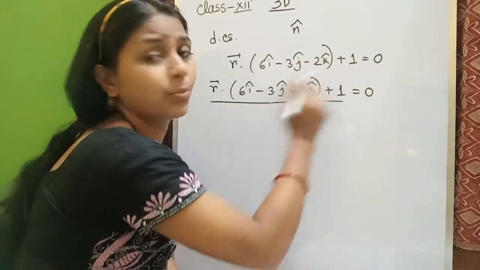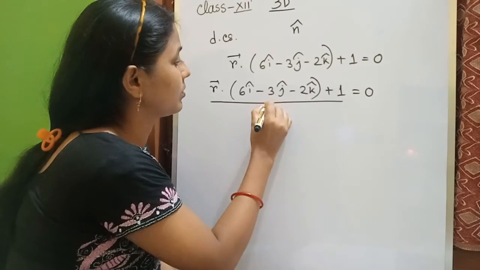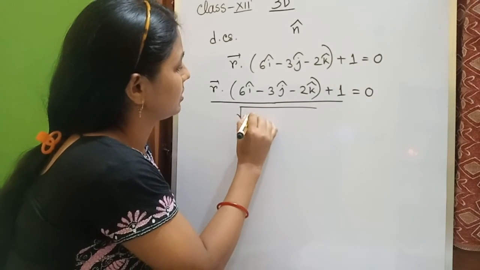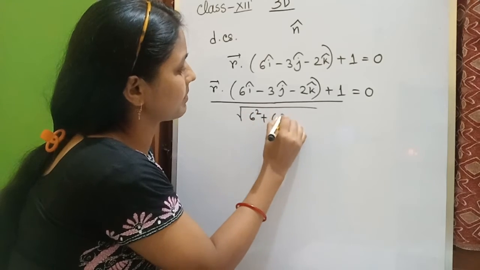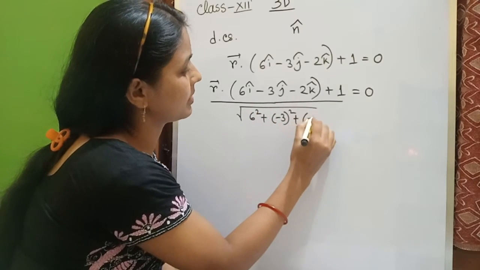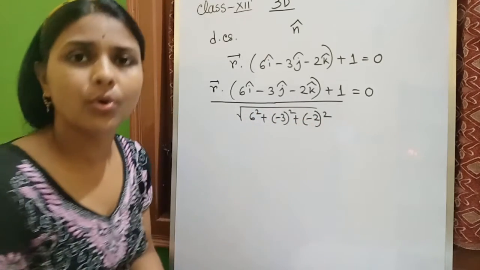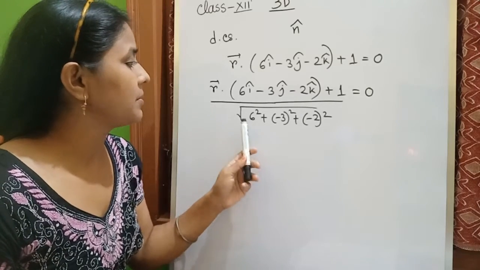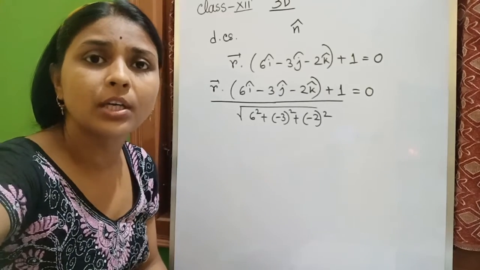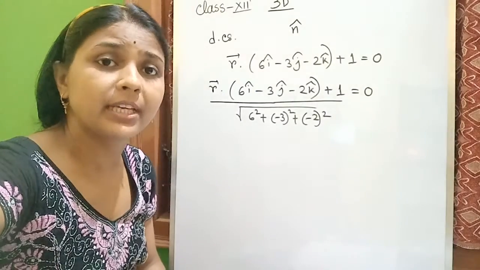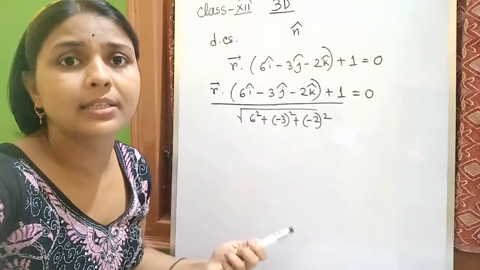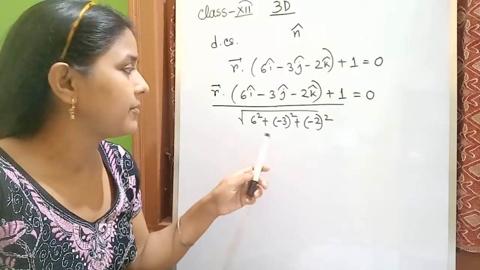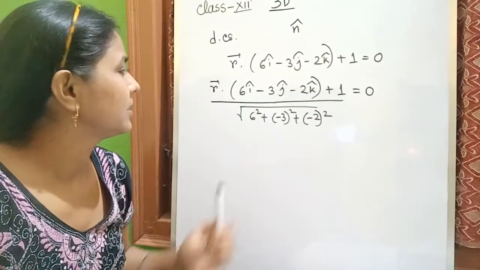We will be dividing both sides by root over of 6 square plus (-3) whole square plus (-2) whole square. You all know that we can always convert direction ratios into direction cosines by dividing by this square root.